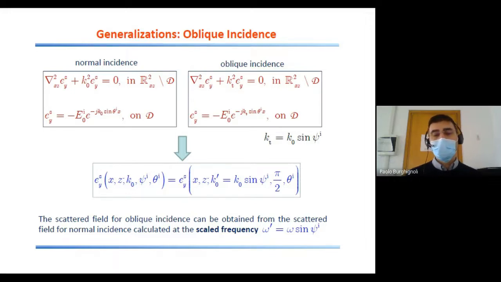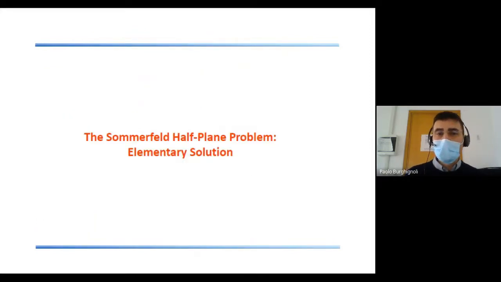Okay. So our very particular case, normal incidence, TM polarization, we can go more or less in every direction. So we can change polarization and change direction of incidence. As I was mentioning at the beginning of this lesson, the half-plane problem is actually that of introducing the Wiener-Hopf technique.